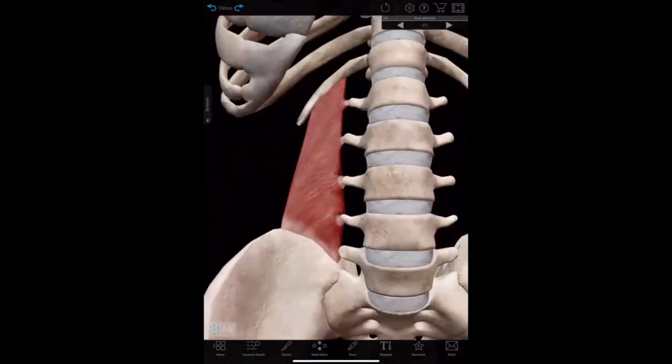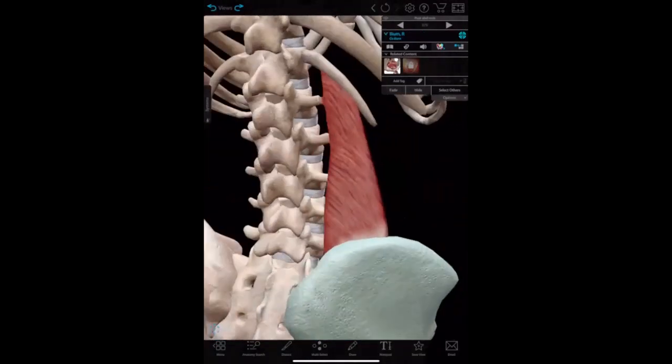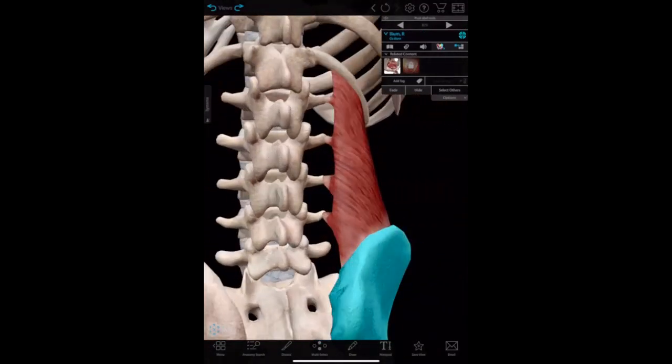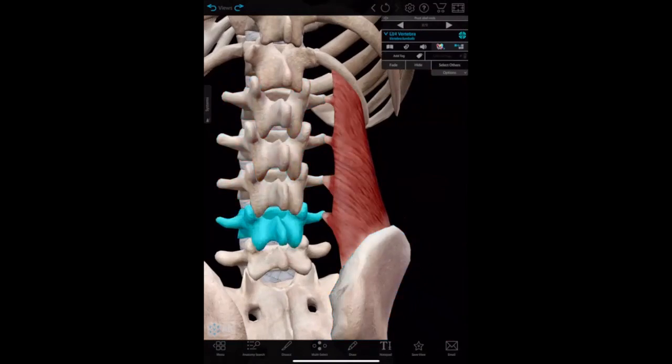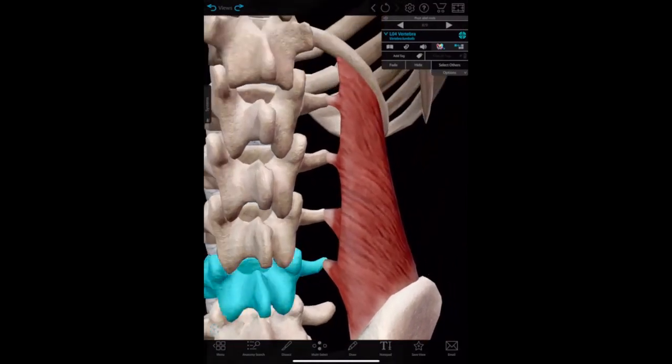Okay, this is the 12th rib, right? This is the iliac crest. So this is between the 12th rib and iliac crest, and also the transverse processes of the lumbar vertebrae. You see how it is attached to the transverse process of the lumbar vertebra, right? You can clearly see that.